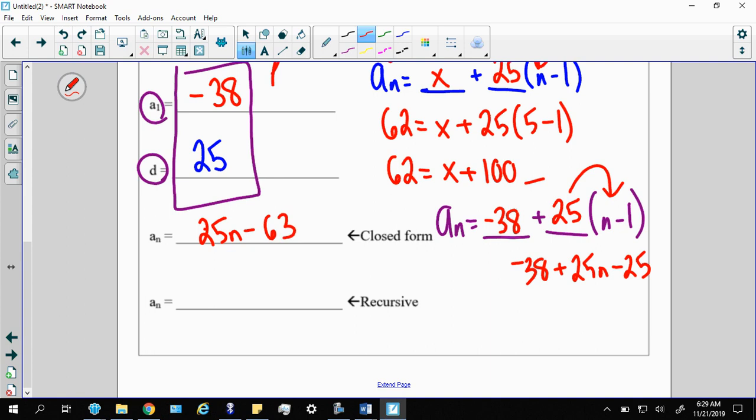Now, remember that the recursive formula is what are you doing to the previous term? All I'm doing is simply adding 25 every single time. All right? So let's keep going.